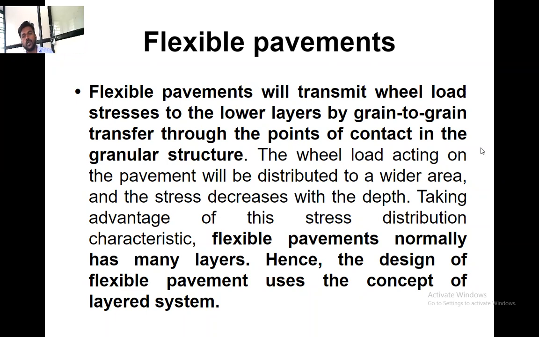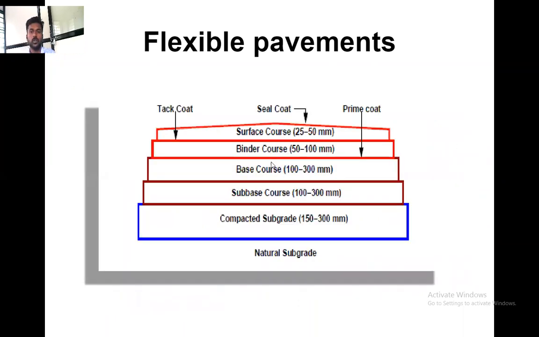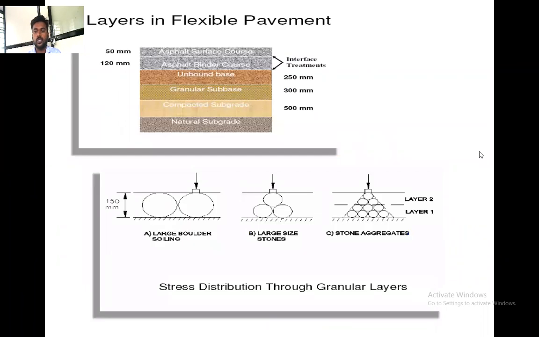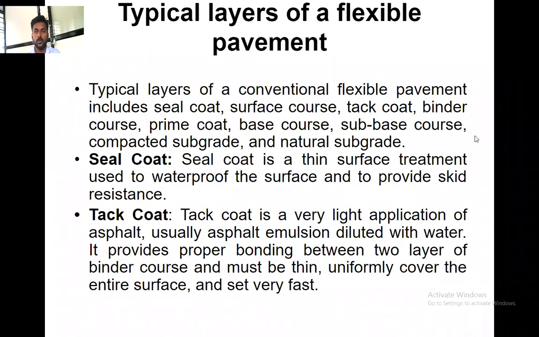Then we have seen the flexible pavement. These are very important: the layers of the flexible pavement are the surface course, binder course, base course, sub-base course, and the compacted subgrade. And below that there will be the natural subgrade, which is the undisturbed layer. Then we have seen how the grain to grain distribution of the stresses will be there in the flexible pavement, and the different coats will be there.